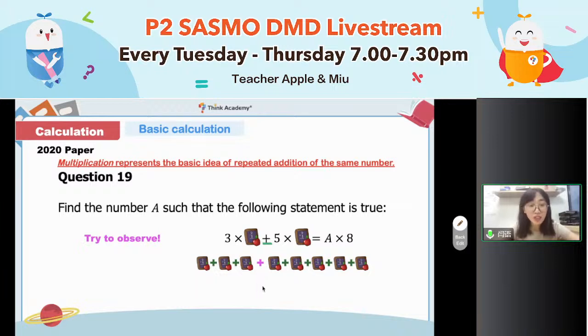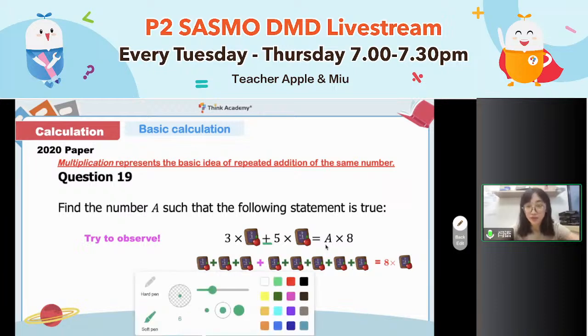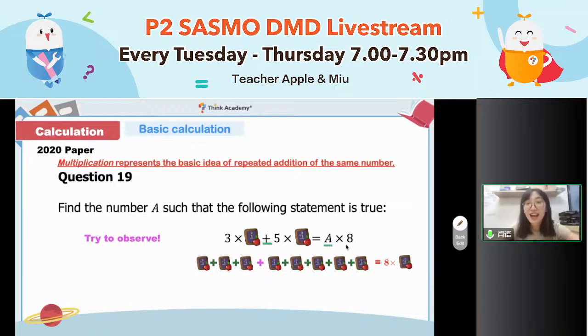So that is why for this question, you can also turn it into 8 times Teacher Apple. Now you just observe. Letter A times 8 is the same as 8 times Teacher Apple. So you can figure out the value of A. Actually, that is also a Teacher Apple. So you see, this is the logic behind the question here.